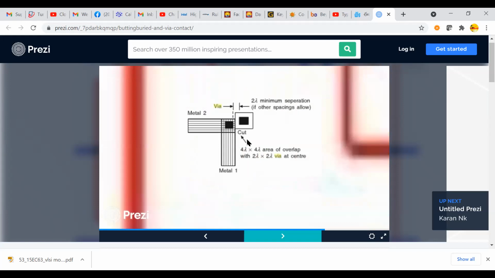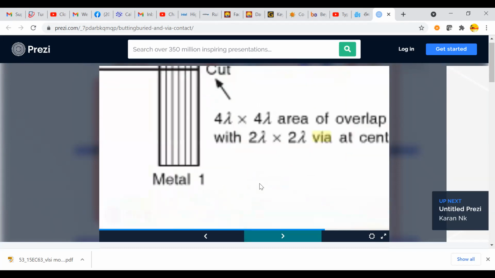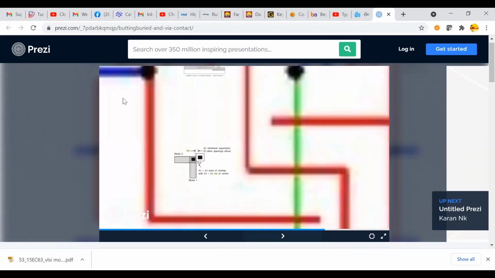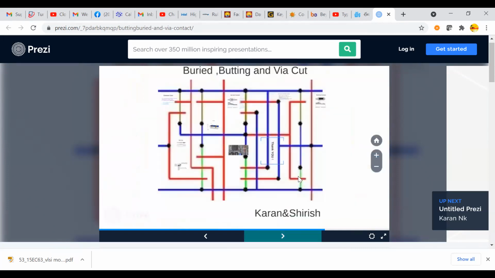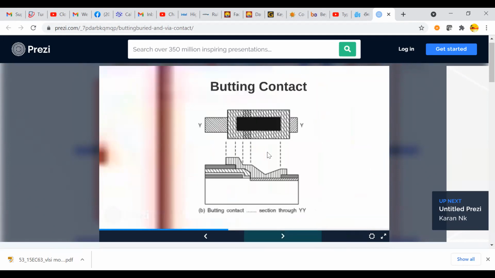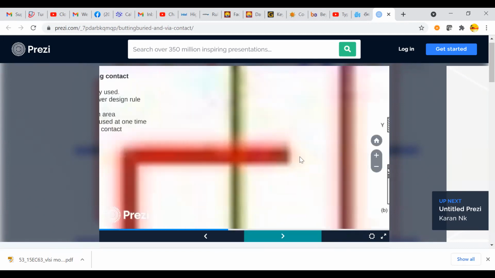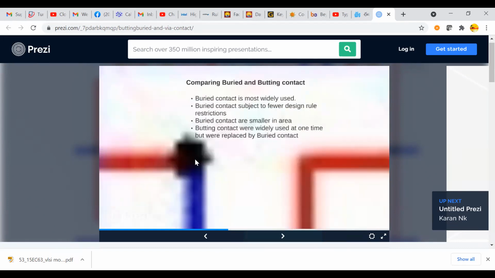How the wire can be made? Already we discussed it. Yeah, this is the butting contact. And see here, comparing buried and butting contacts. Buried contact is most widely used because no extra layers are required and no metal is required.